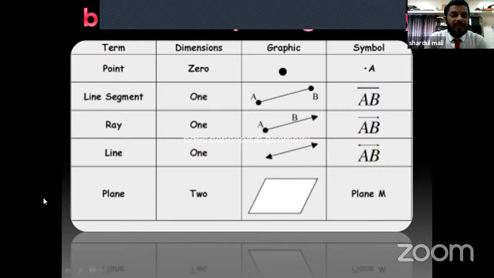A plane is a two-dimensional concept, and in the third column, third row is the diagram of the plane, and we can read this as plane M, plane L. It means that any alphabetical letter can be used for giving a name to it.